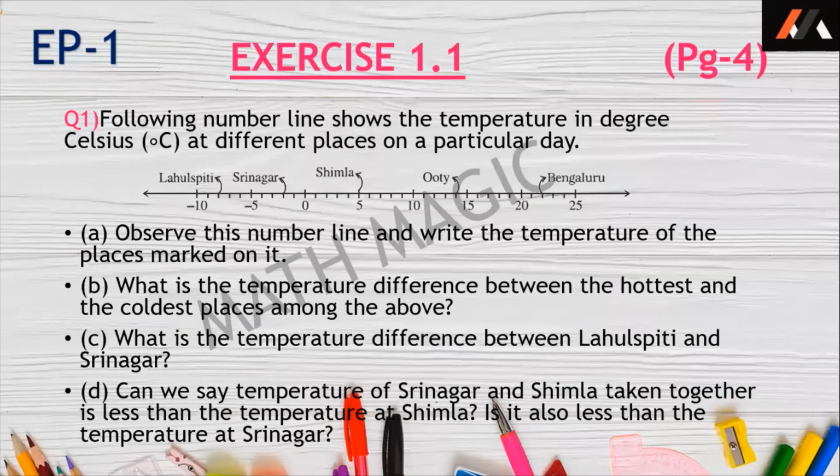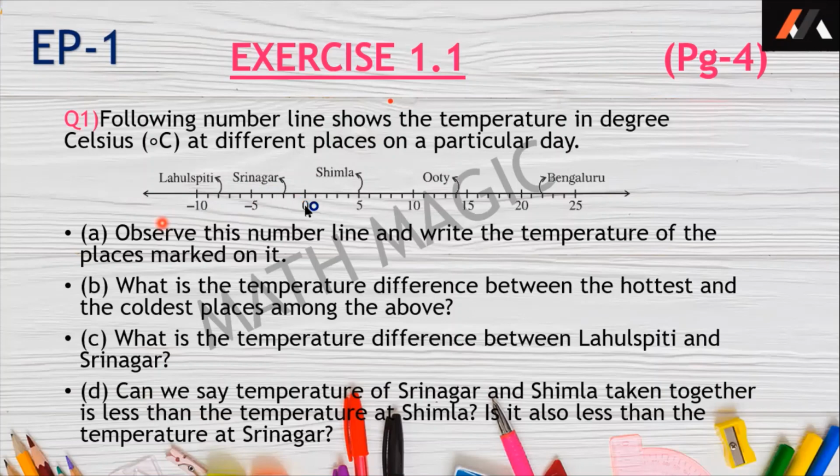So, if we carefully look at the number line, we can see there are 5 divisions or unit places between each number marked.